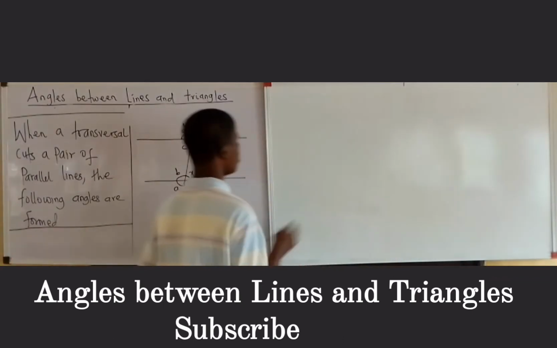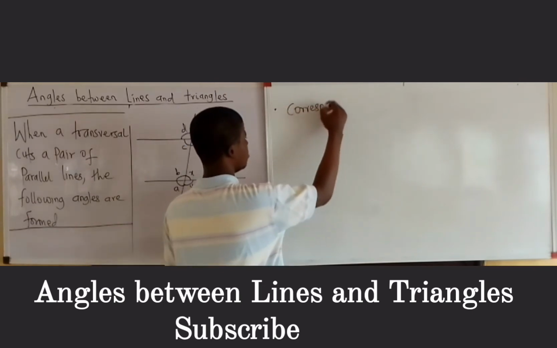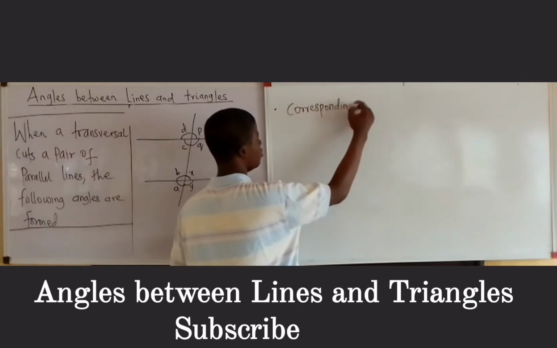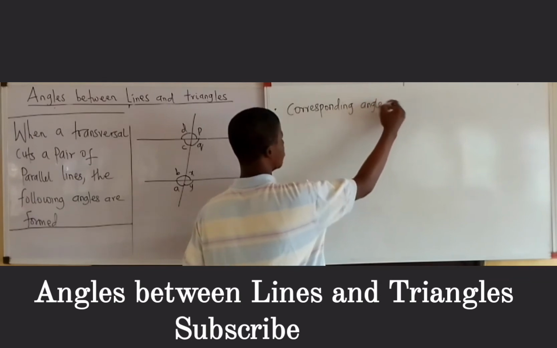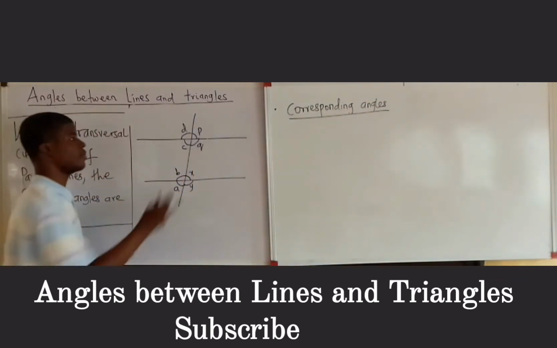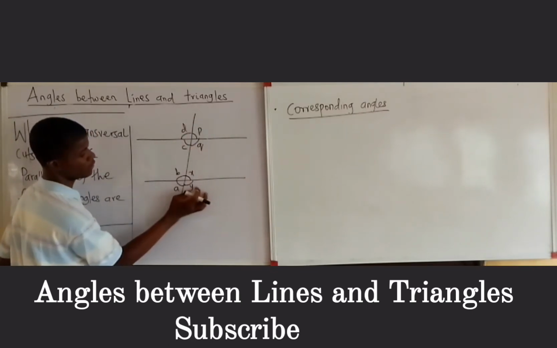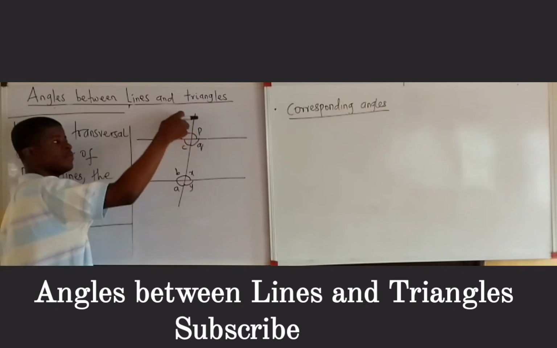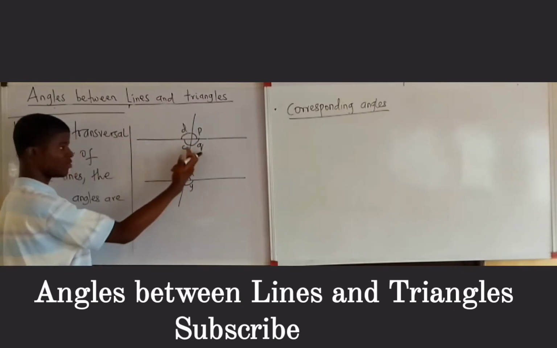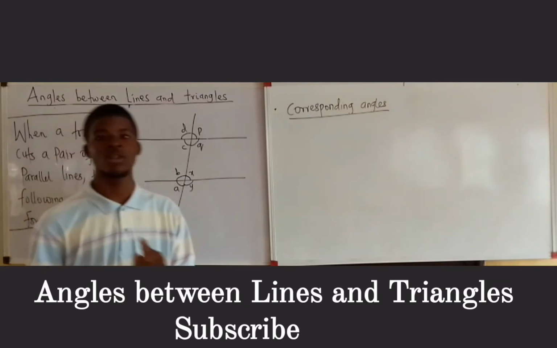First of all, I'll start with corresponding angles. Look at this diagram again. I have P, X, Q, and Y here. In the same vein, I have D, B, C, and A. What the rule states is that corresponding angles are equal.